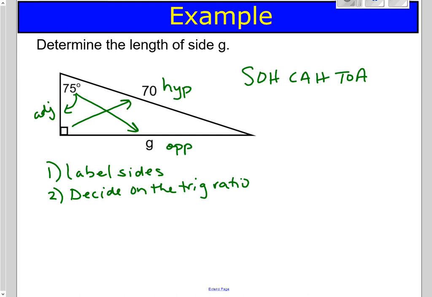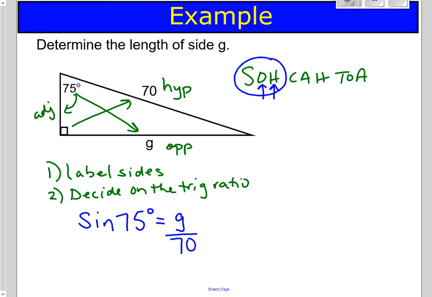Opposite and hypotenuse, so you're probably thinking it's this one. There's my opposite, there's my hypotenuse. So we're going to use sine. Sine 75, because that's my angle, is equal to my opposite side, which is G, over my hypotenuse, which is 70. Okay, so third step then, of course, is to set up the ratio.